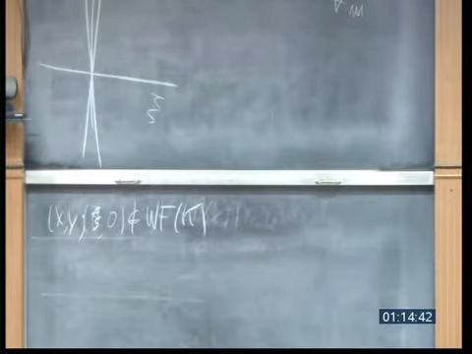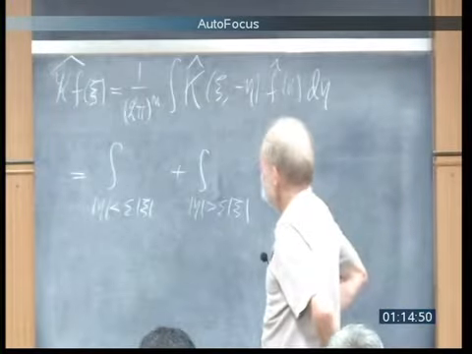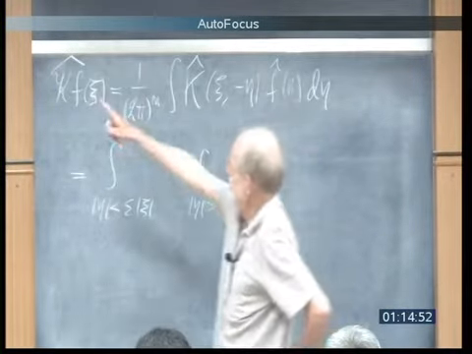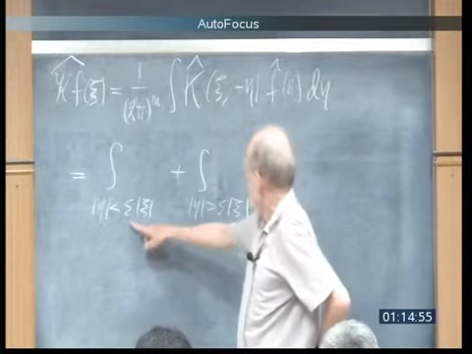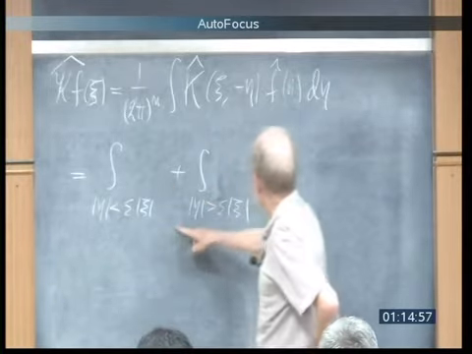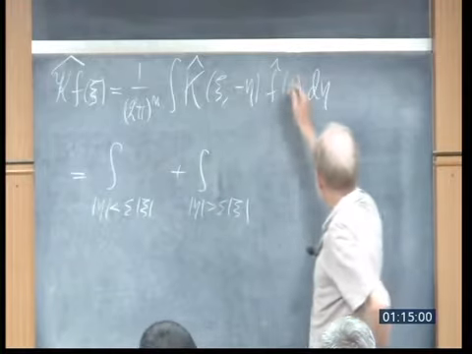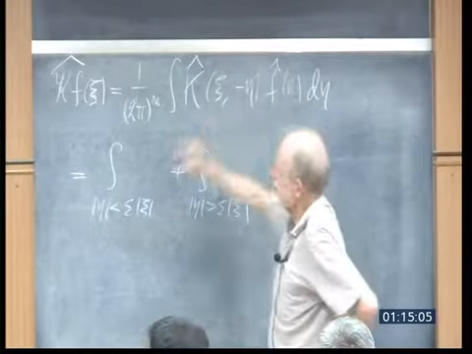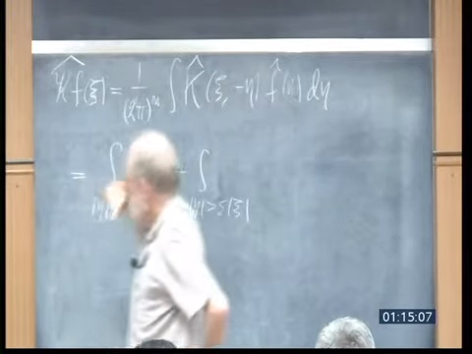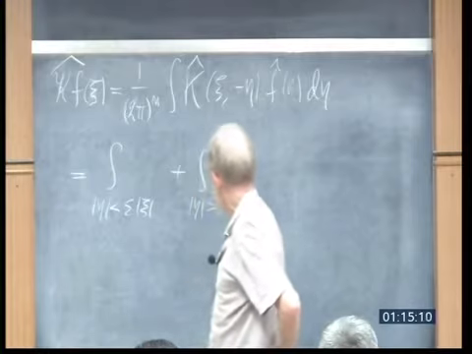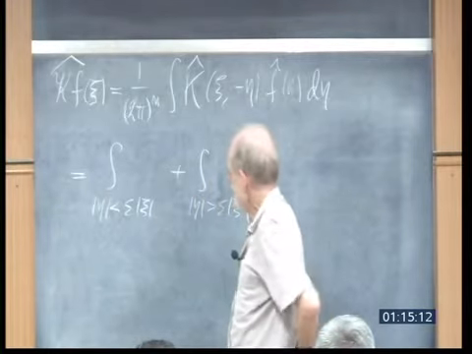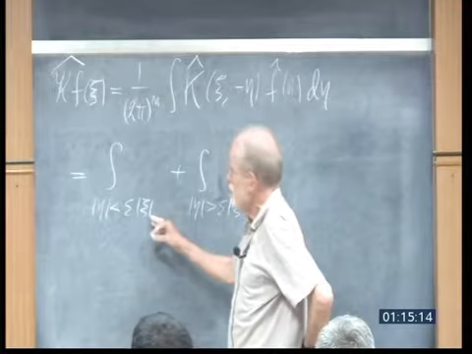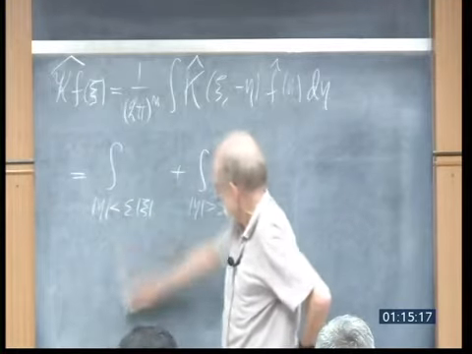Now, it's obvious what to do. We choose delta smaller than epsilon, and then this part we can estimate f hat by supremum, and we can estimate that by this, and because of this, it will tend to zero.